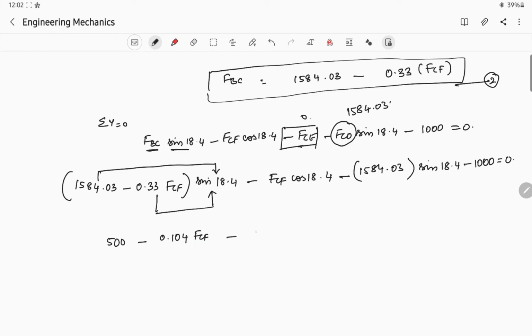Okay, then here minus FCF cos 18.4, cos 18.4 you will get as 0.948, minus 1584.03 into sin 18.4.